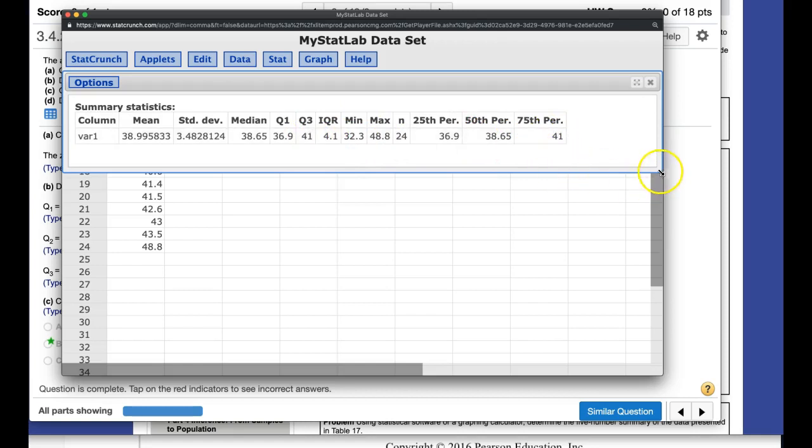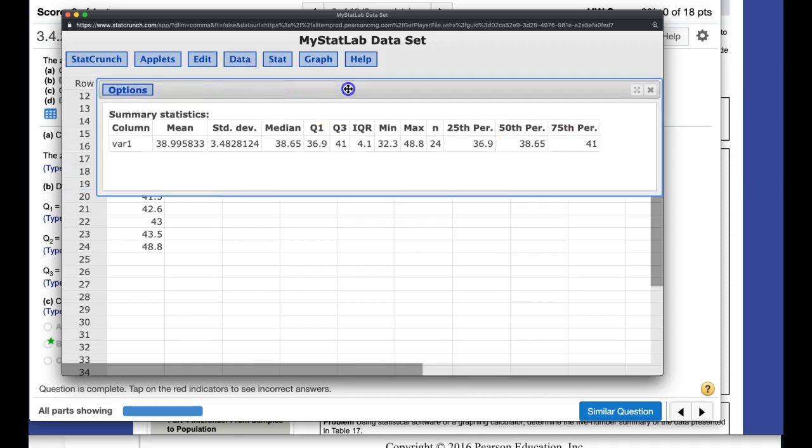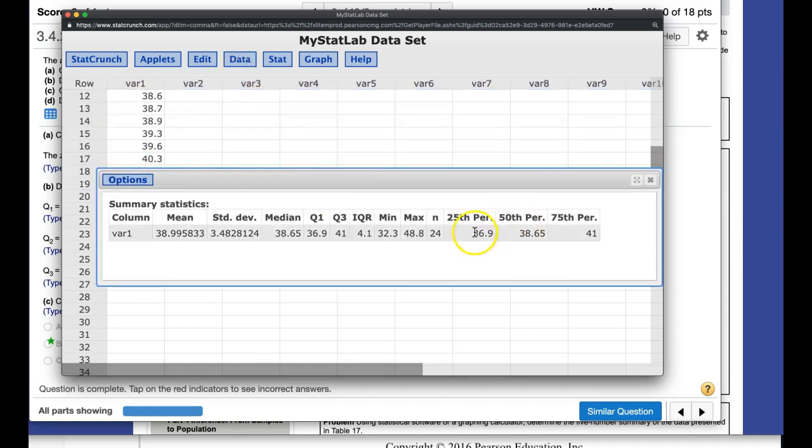That's just another way. The quartiles are very specific percentiles, and the percentile is again what percent of the data is below this value. So out of this list, we would say 25% of the values are less than 36.9. That's what we're saying there.